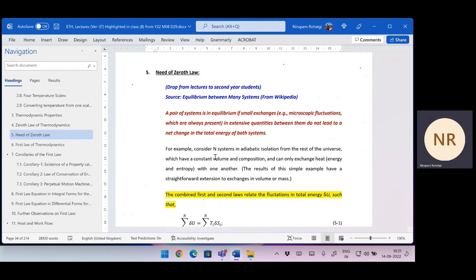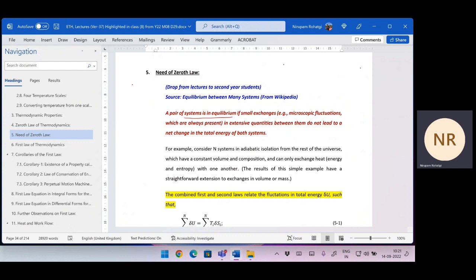Now, when do you say that two systems are in thermal equilibrium? As you know, the whole world, even if it is in equilibrium, its interaction keeps on going on. This is a very fundamental principle.